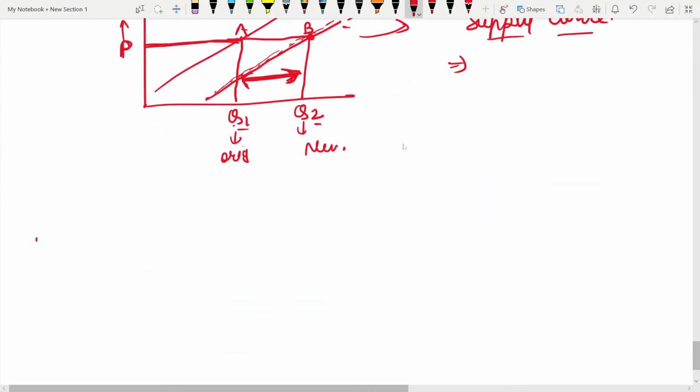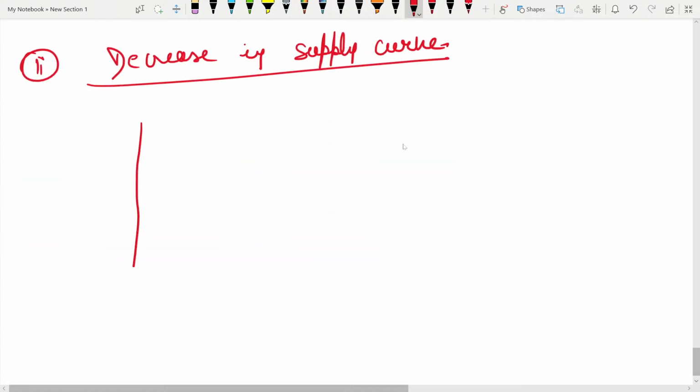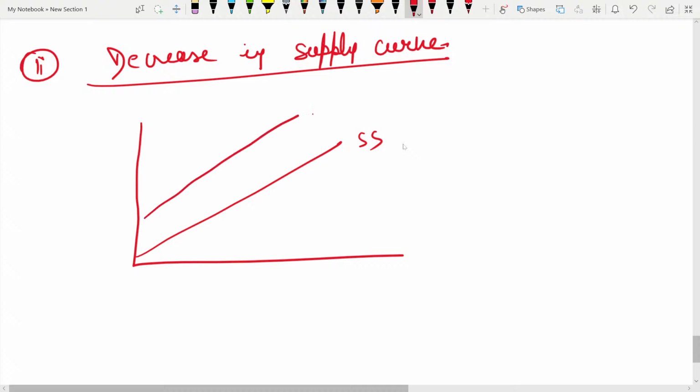Now the last one is decrease in supply curve. Decrease in supply curve, if we see through the diagram, this is the original supply curve, and this is the new supply curve.